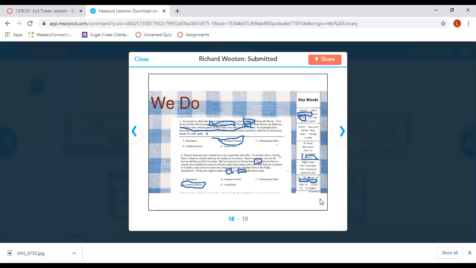Go ahead, Richard. Okay, so I remember if I don't have any keywords, I can't get my answer. So I was looking at the text for some keywords that can help me get to my answer. And when I saw solve, and when it has freezer burn, there's a problem with that.